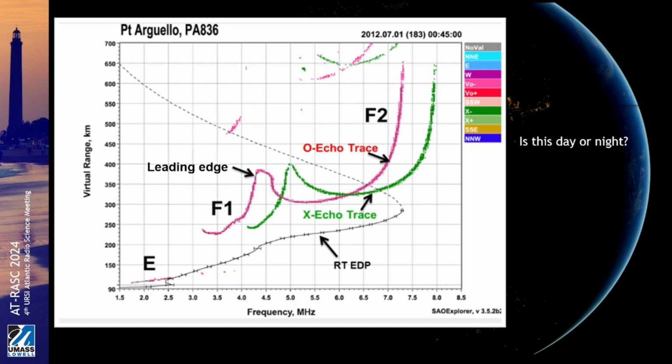You can quickly tell sometimes if the little wiggle in your trace is actually not the F1 layer, but a TID passing by. Okay? The F1 predicted value comes with the probability of F1 existence.